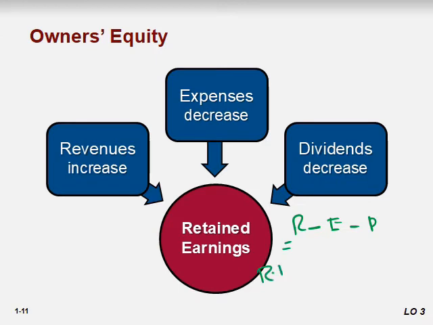So if we want to increase the retained earnings: if revenue increases, retained earnings will increase. If expenses decrease, retained earnings will increase. If the dividend decreases, the retained earnings will increase.